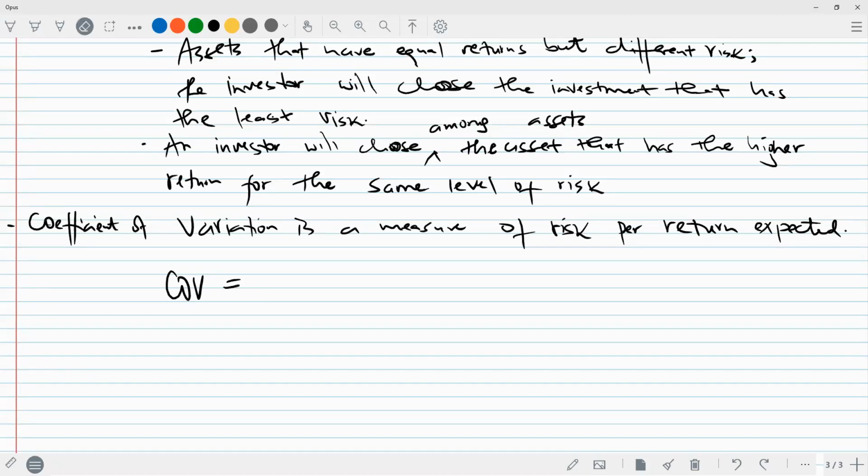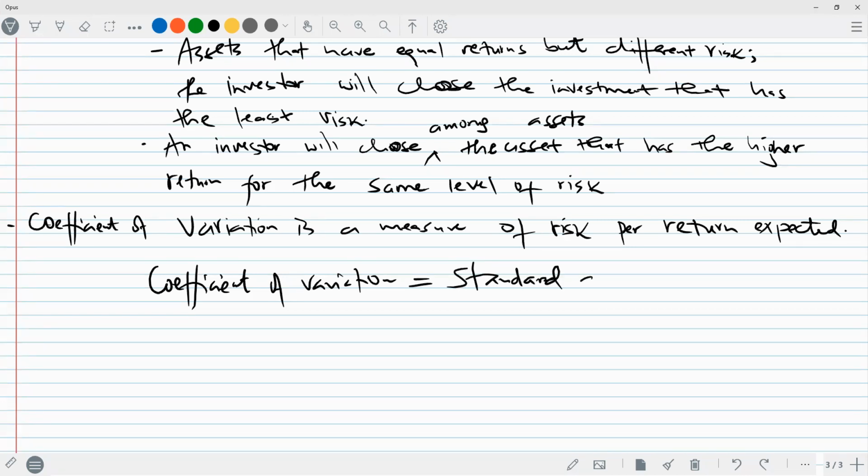Coefficient of variation. Let me just put the full name. The coefficient of variation for a particular asset is going to be equal to the risk, which is the standard deviation, divided by the return expected, the mean return or expected return.